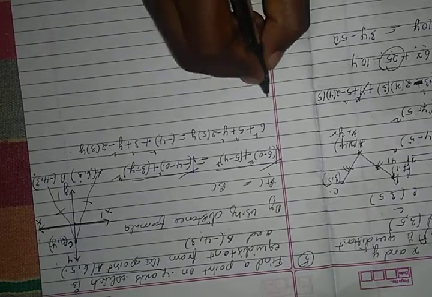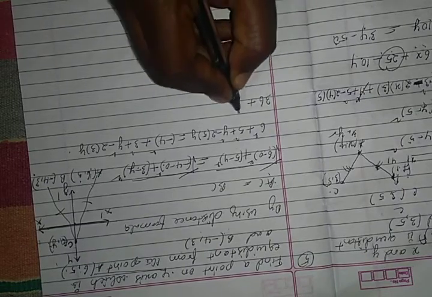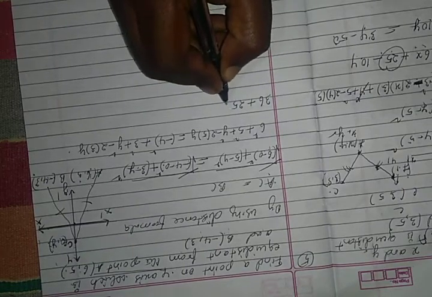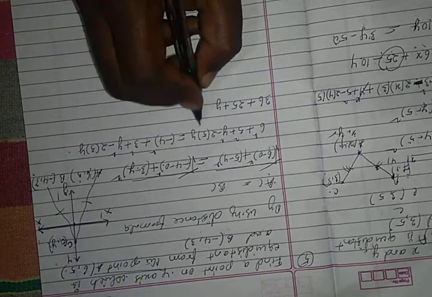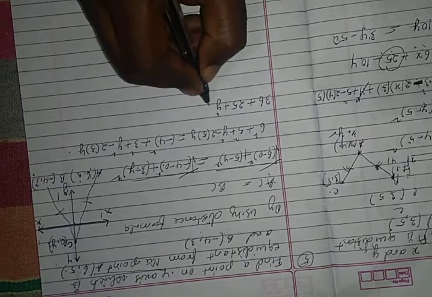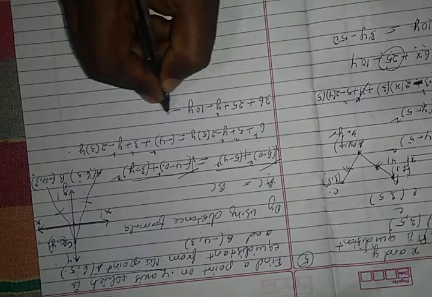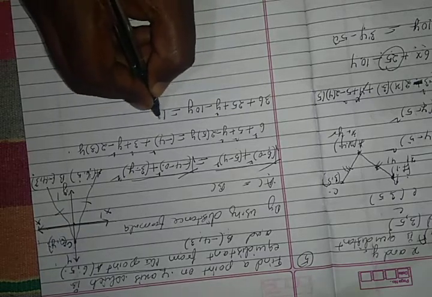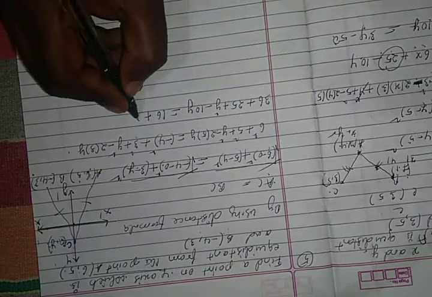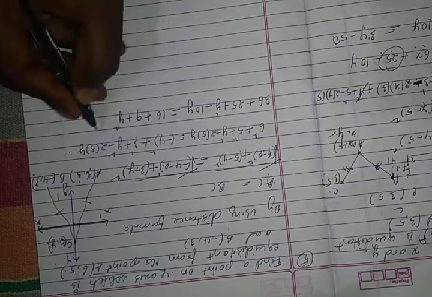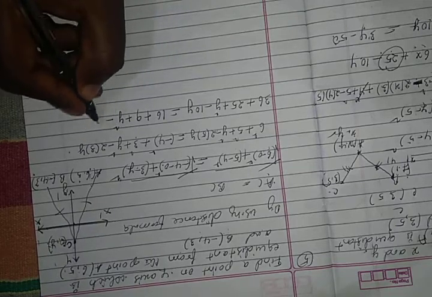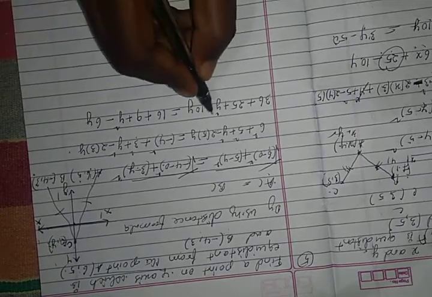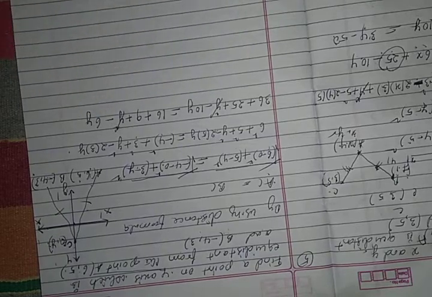Let us see, 6 square is 36 plus 5 square is 25 plus y square minus 2 into 5 is minus 10y. It is equal to minus 4 square is 16 plus 3 square is 9 plus y square minus 2 into 3 is 6y. Y square and y square get cancelled.